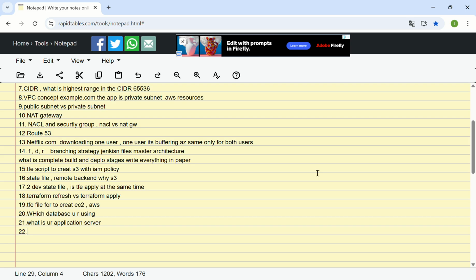If you triggered one job, and after cloning from Git the pipeline failed with a 403 error, what steps will you take? What exactly does a 403 error mean? What troubleshooting do you do from your side? That is one scenario-based question.